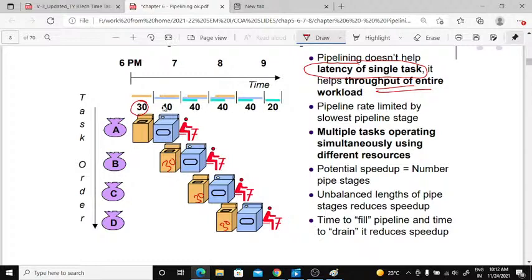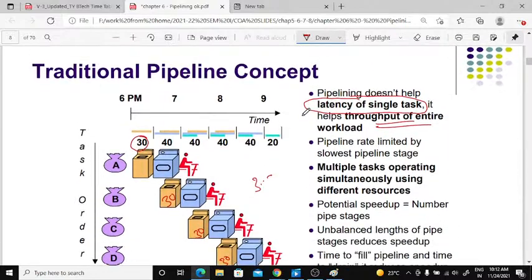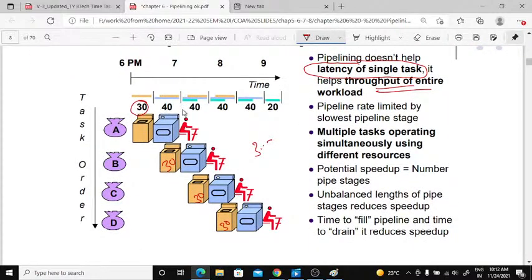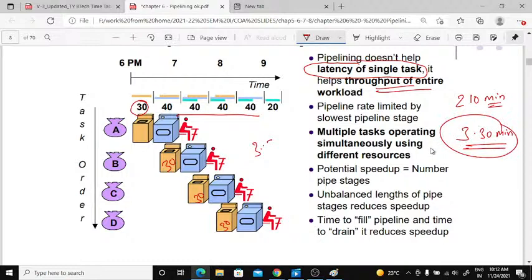Throughput means here it will take 3 hours 50 minutes, I think. Here you can see 30, 40, how much is it, 160 and 50, 210 minutes it will take. So 3 hours 30 minutes it will take when we use the pipeline technique.